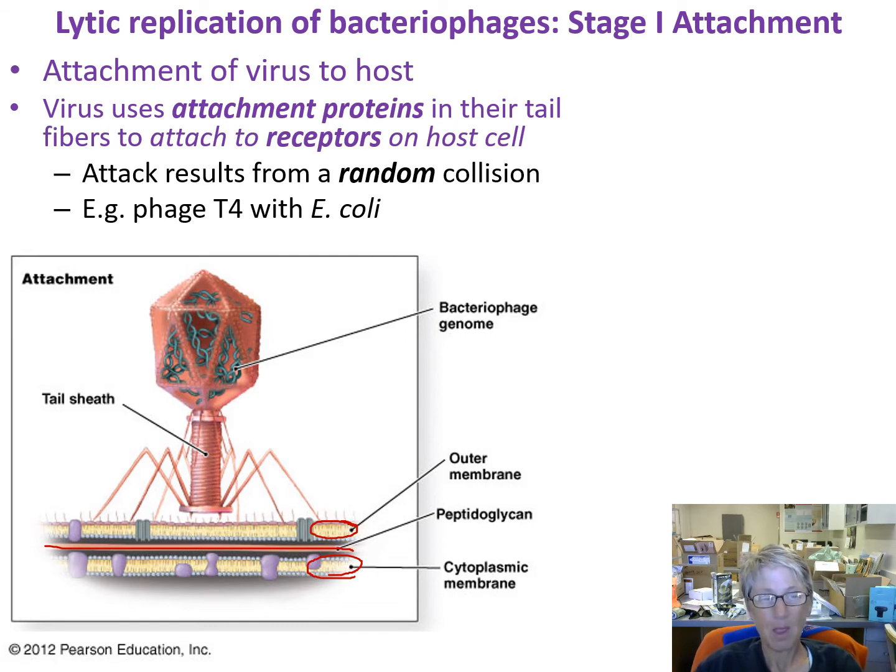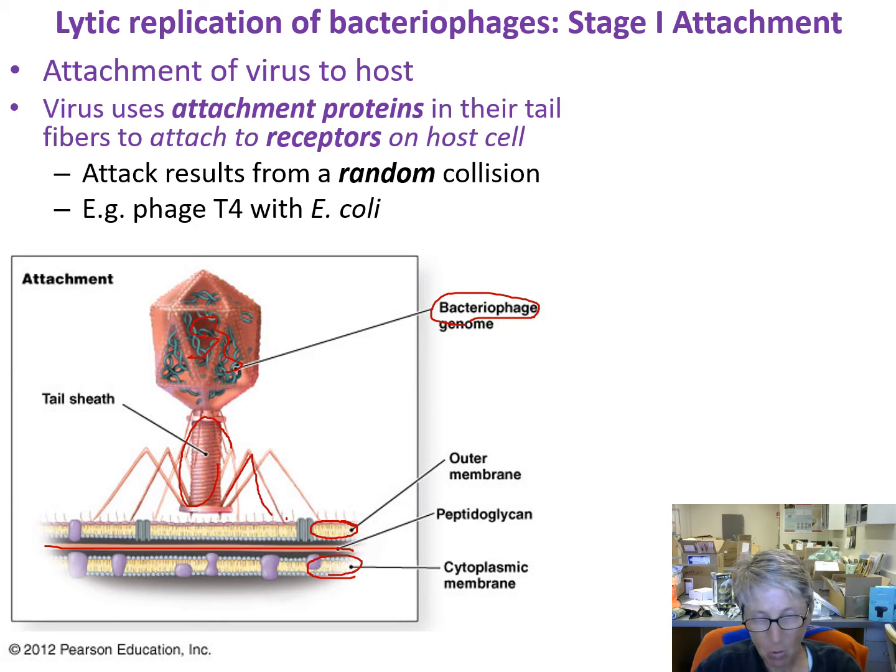Good job. And then here's a cartoon of the virus, or the bacterial virus called a bacteriophage, landing on the bacteria. It shows the viral genome inside the capsid here. And then you have this piece called a tail sheath, and then here's the tail fibers.